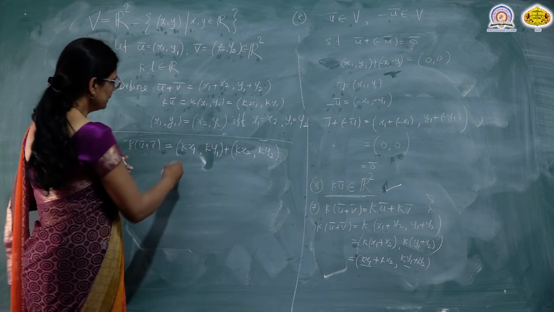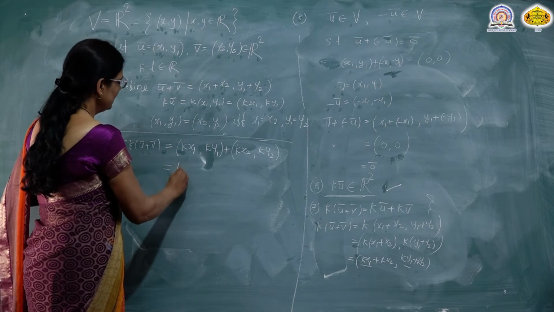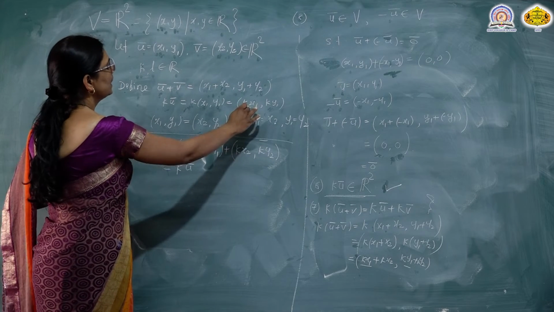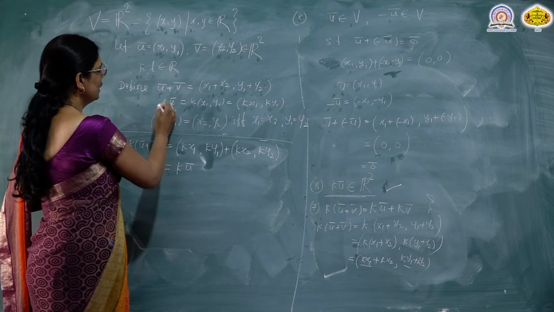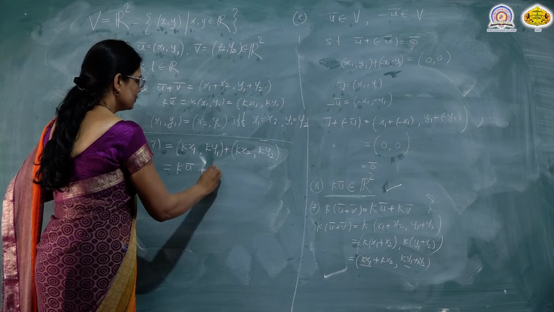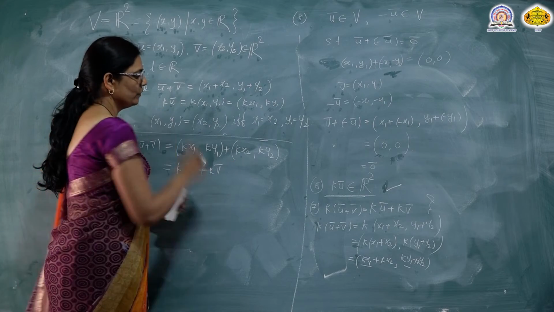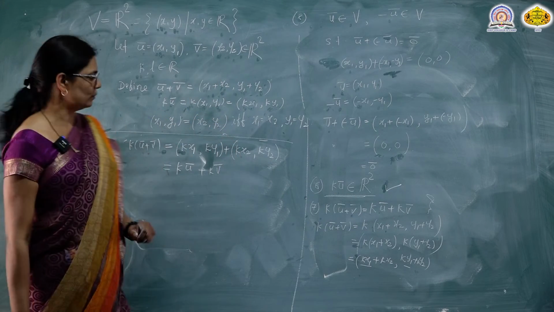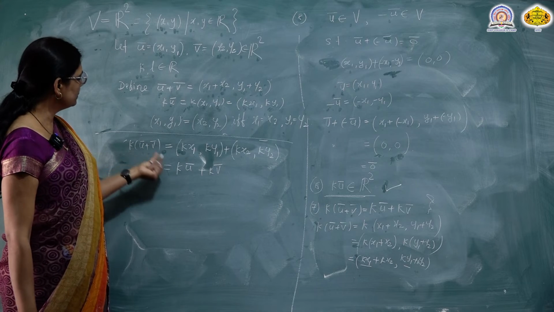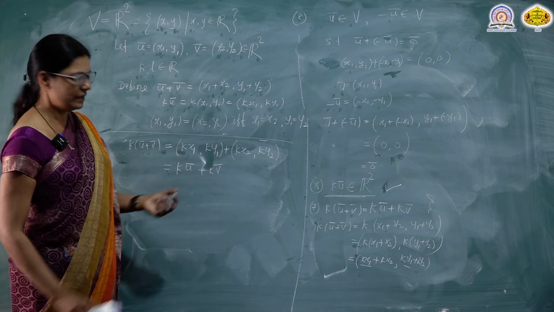Again use the reverse definition. (k x1, k y1) is equal to k u bar, and this is equal to k v bar. Thus this property is also true: k times (u bar plus v bar) equals k u bar plus k v bar.